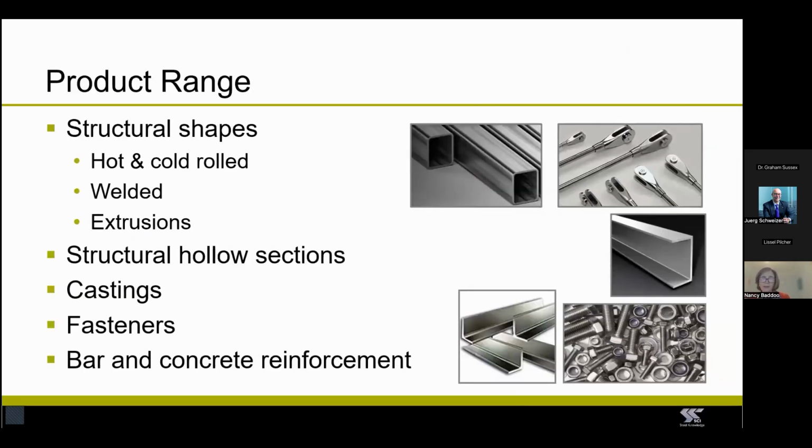Unlike carbon steel, there's generally no standard family of structural shapes for stainless steel. Although there is increasing availability of stainless steel hot rolled and laser welded open sections in the same sizes as you get for carbon steel. Generally, you get a wide range of shapes and section sizes available in the austenitic stainless steels.